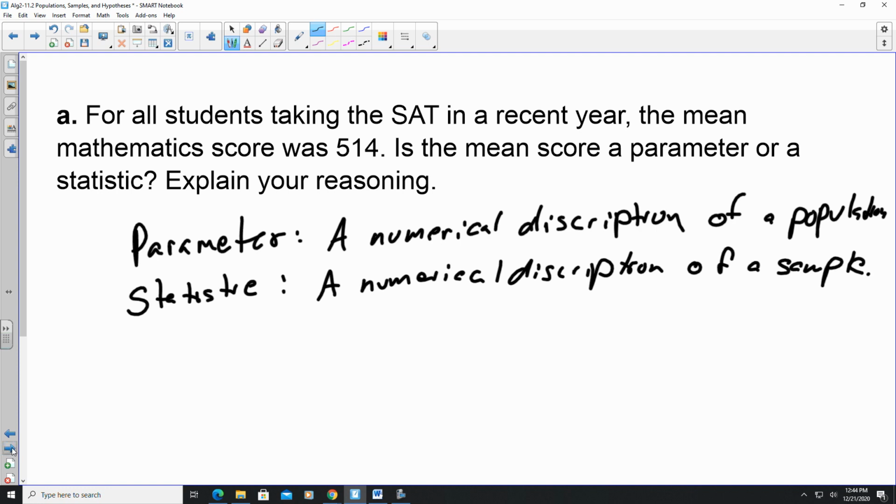So the question is, are we looking at the SAT scores with respect to a population, or are we looking at the SAT scores of a sample?